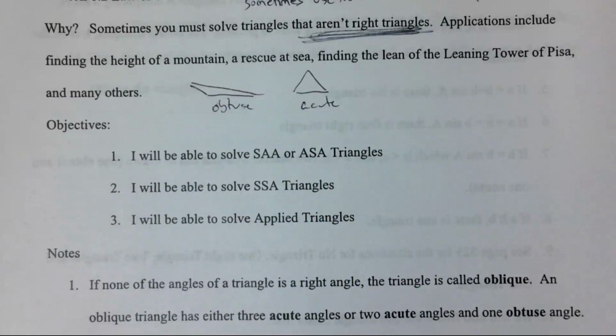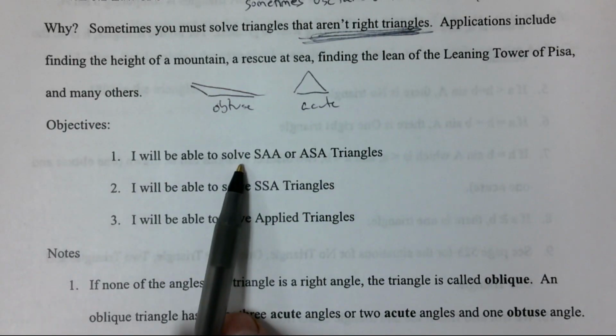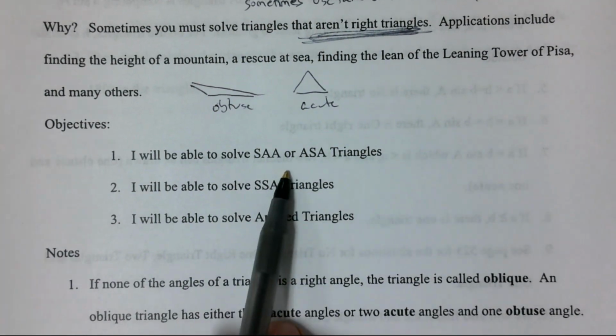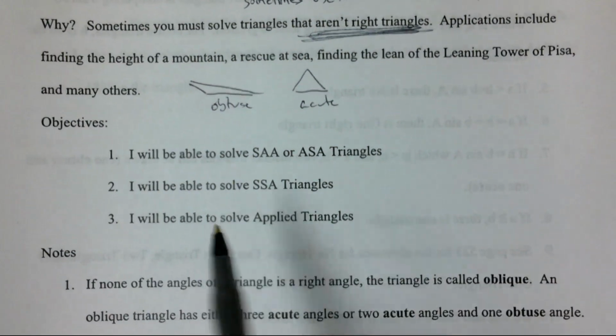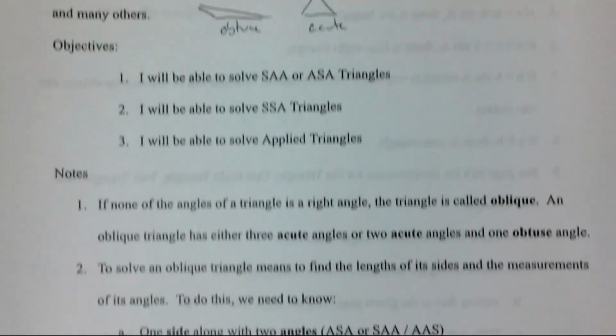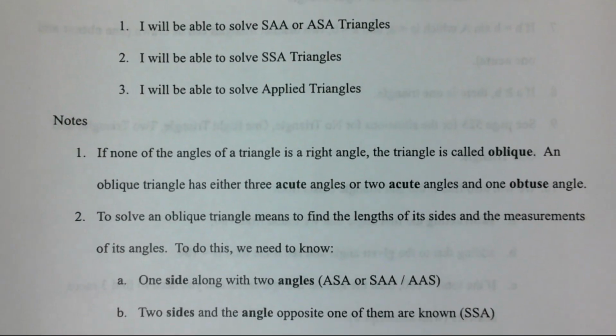So your objective is to be able to solve SAA or ASA triangles. What does that even mean? I'll get to it in a minute, about what page to look at if you look at your online textbook.